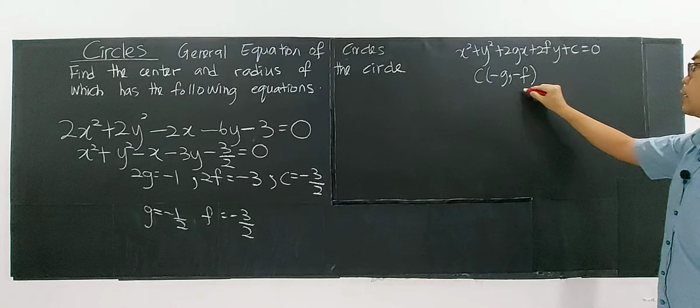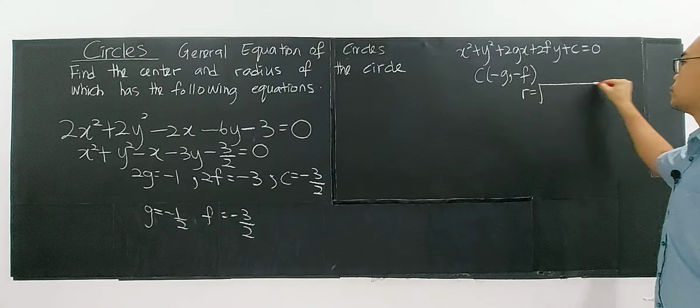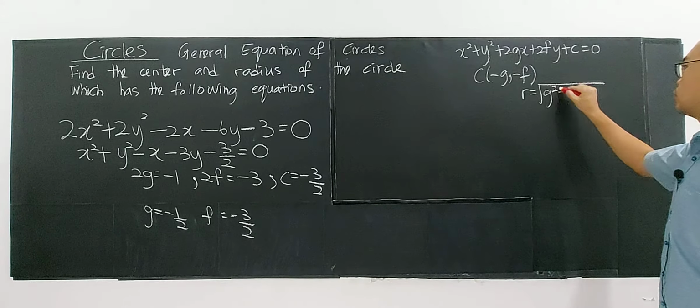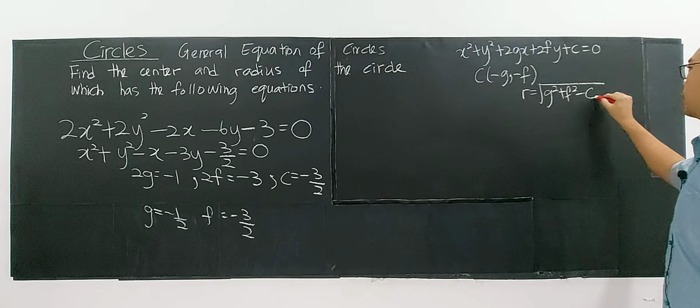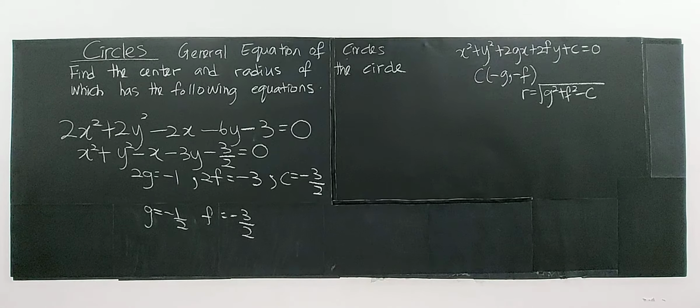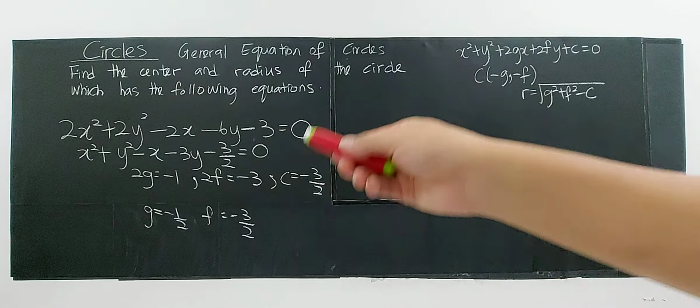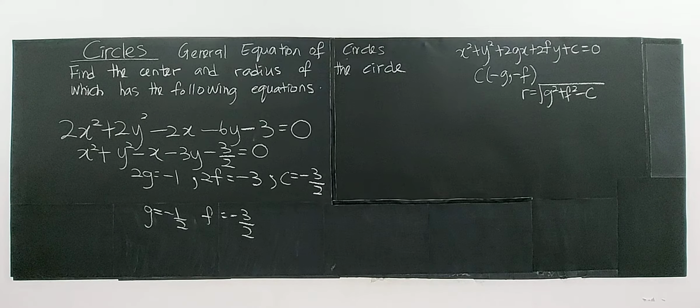This formula for the center only applies to a general equation. The radius of the circle will be the square root of g squared plus f squared minus c. Since we have the values of g, f, and c, we can definitely find the center and radius.